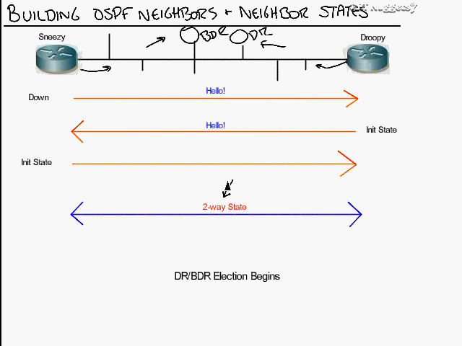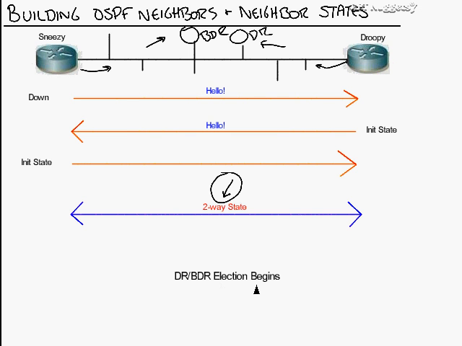When we see them in the two-way state, it means they've recognized each other, they see each other, and yes, their hello packets are understandable and all the fields match up, but they're not going to exchange information because they'll only exchange that between the king and the queen of the network. They remain in the two-way state. You may see this also when we get into the non-broadcast multi-access mode, where we have a DR-BDR election inside of that cloud. Some of the other routers may see each other, but they'll only be recognized as a two-way state.